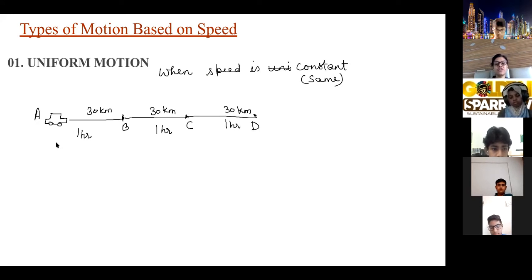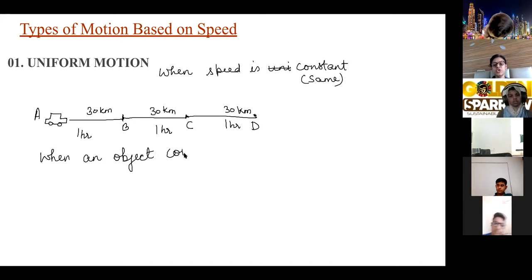Now what is the definition? When an object covers equal distance in equal interval of time. Write down this thing. What is uniform motion or uniform speed? When an object covers equal distance in equal interval of time.